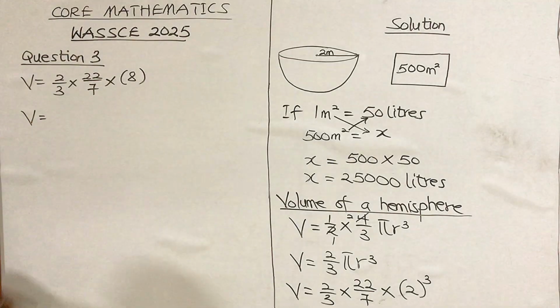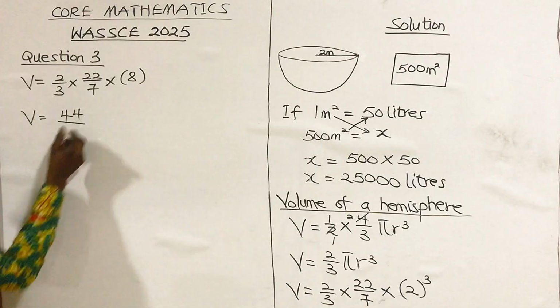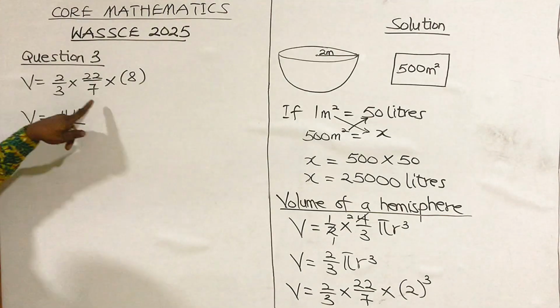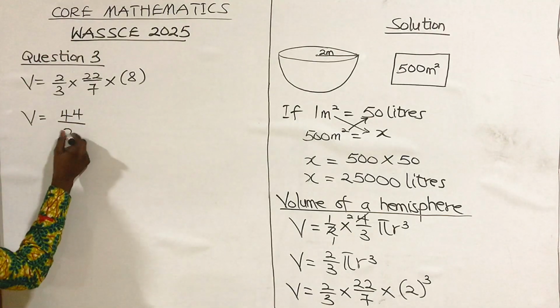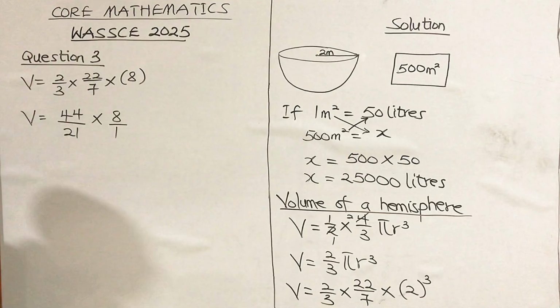So now we have 2 times 22, which is 44, over 3 times 7, we have 21, times 8 over 1.